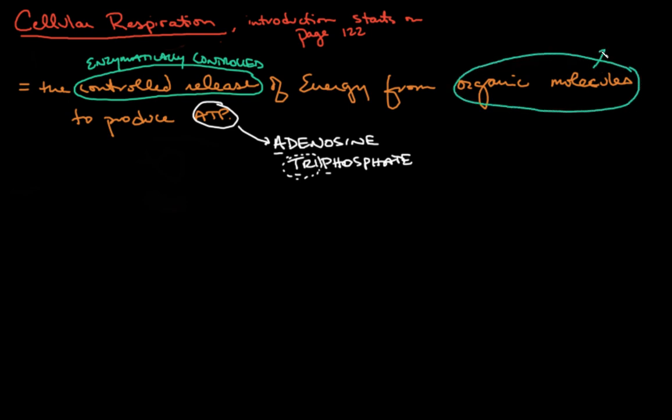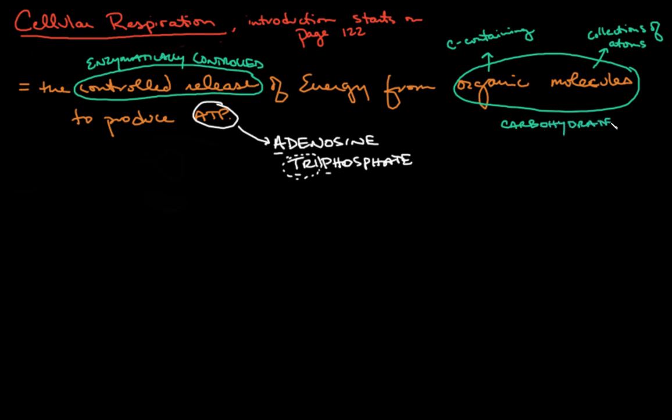So remember that molecules are collections of atoms, right? They're bonded together, often covalently bonded, and organic is referring to carbon containing. So those molecules that you should be thinking about are carbohydrates. These are macromolecules. We've talked about these before.